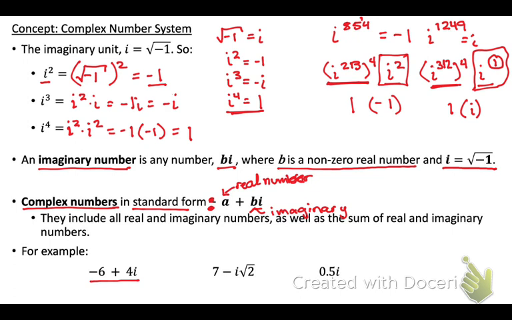7 minus I square root of 2. What's wrong with that? It should be 7 minus the square root of 2, I. I should always be in the back. I'm going to tell you, your book sometimes doesn't do it.